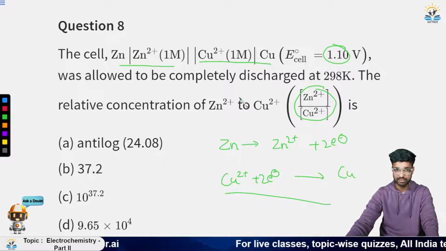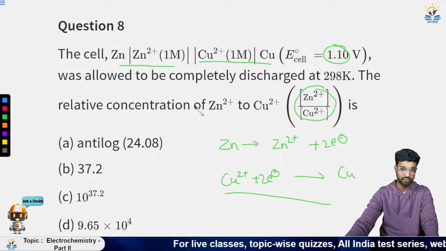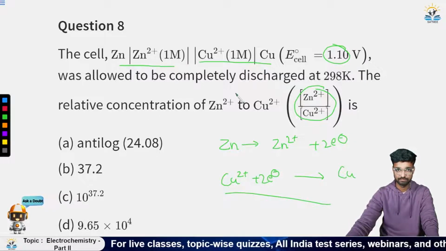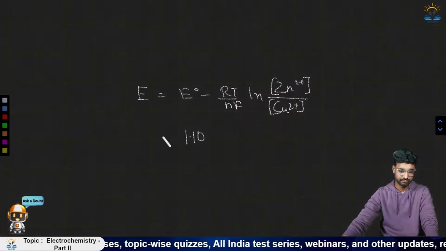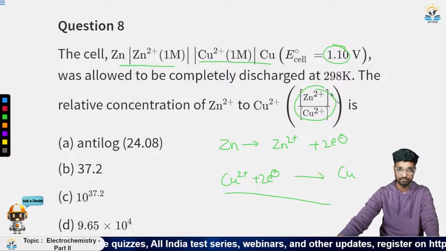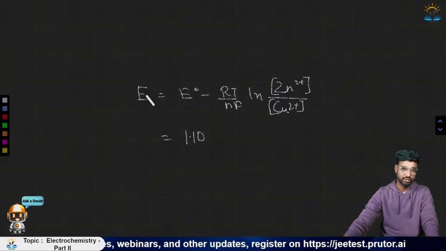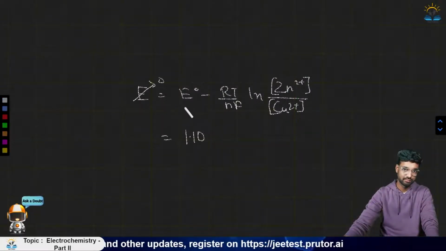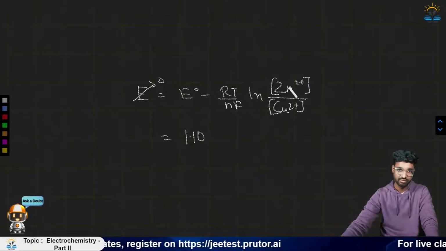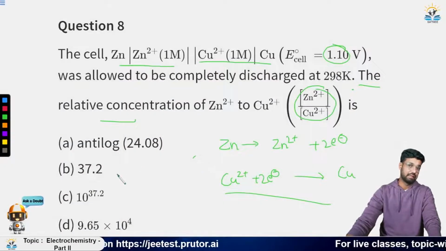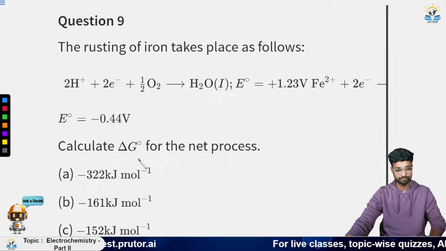Also the concentrations of Zn2+ and Cu2+ are not important. So we'll put all these values, so E will be equal to 0, and then you will find this value. Okay. Now next.